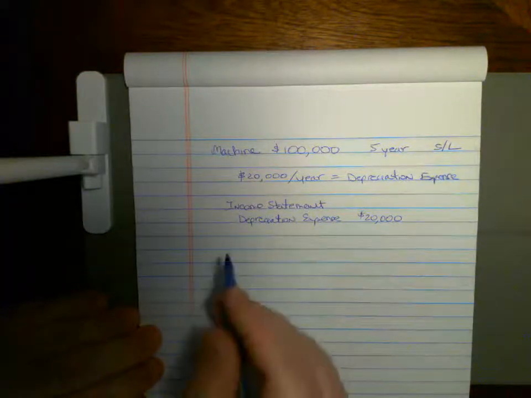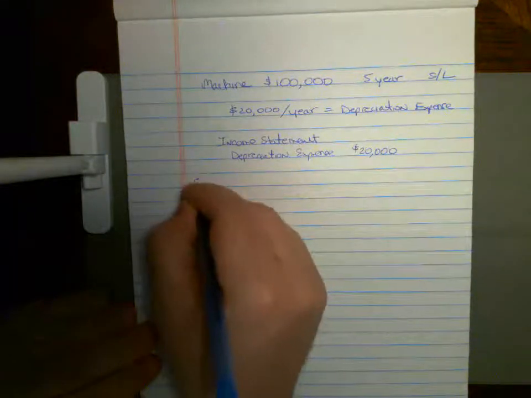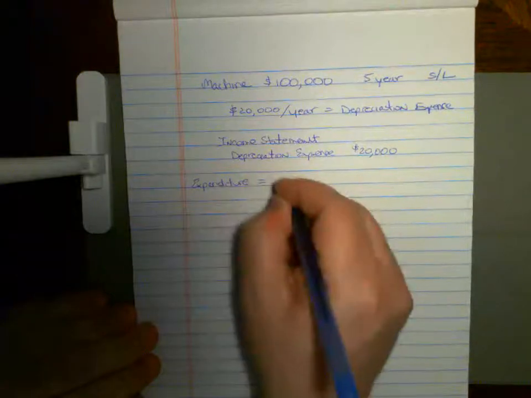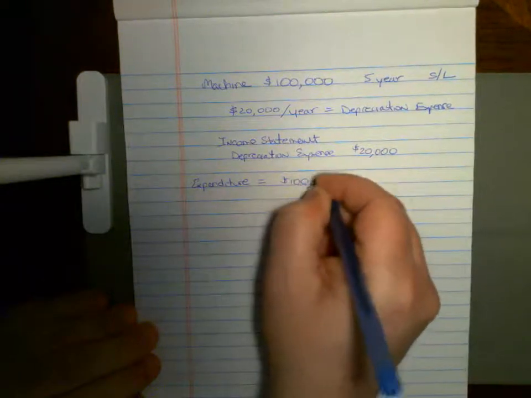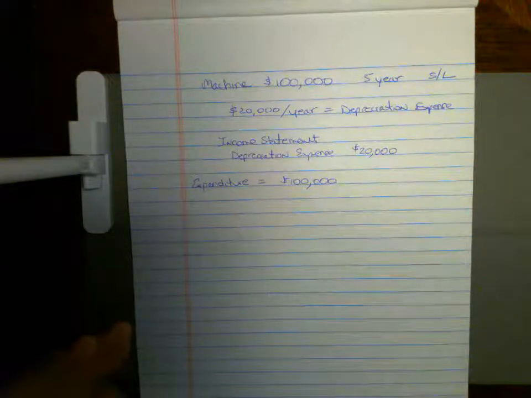Now, what's an expenditure? Why do we have this term expenditure? Well, the expenditure equals the $100,000. It's what we actually spent on the item.